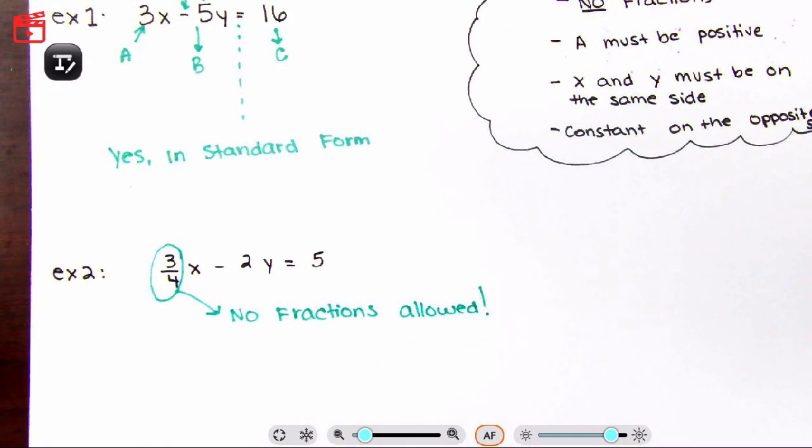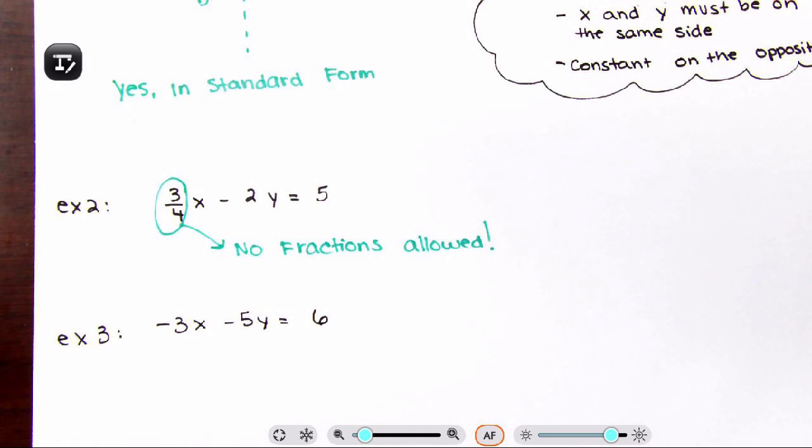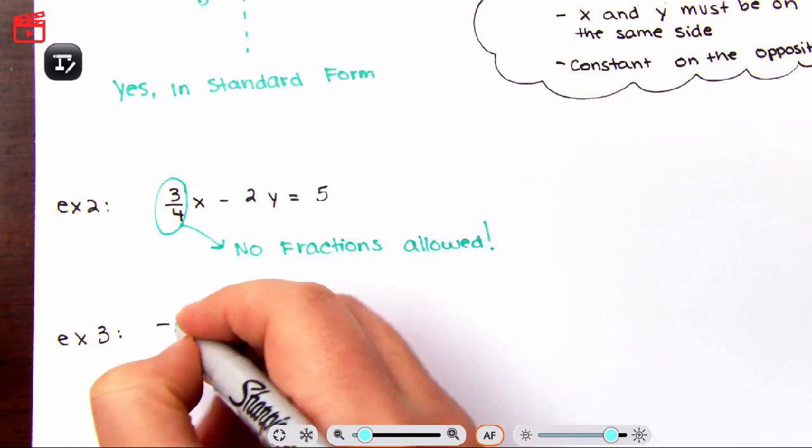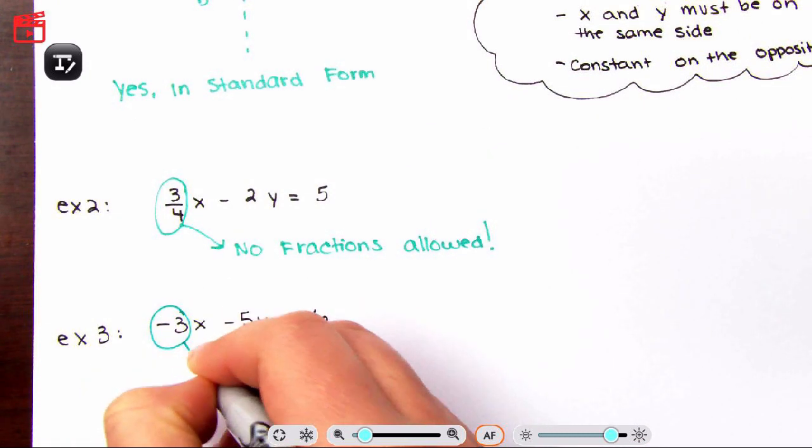So this is not in standard form. Let's do another example. So we have negative 3x minus 5y is equal to 6. Again, this is not in standard form because A needs to be positive.